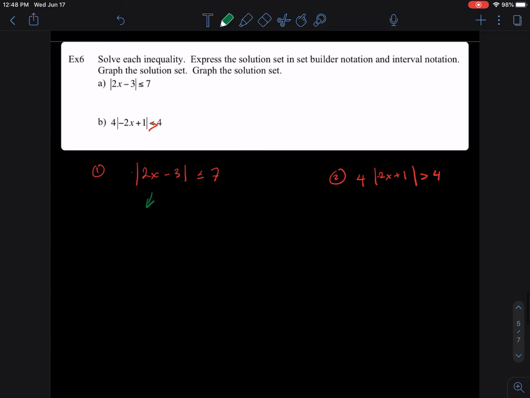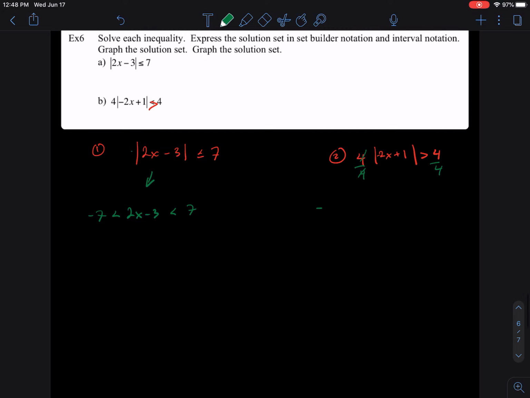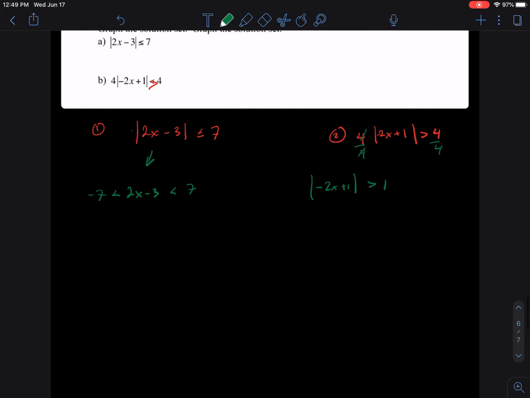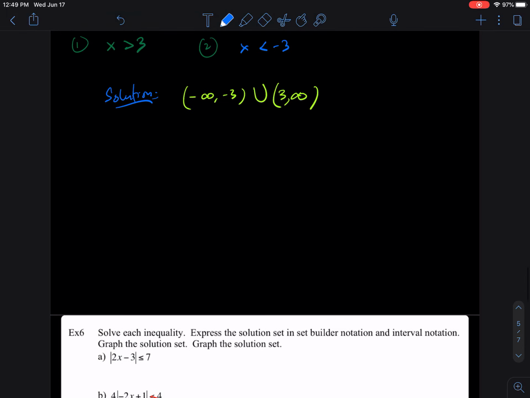So we can go ahead and say this can be broken down to: 2x minus 3 has to be between 7 and negative 7 to make sure that we have a distance less than or equal to 7. And over here, you want to divide by the constant first and isolate that absolute value. So we get the absolute value of negative 2x plus 1 greater than 1. Then you apply what we did up here.